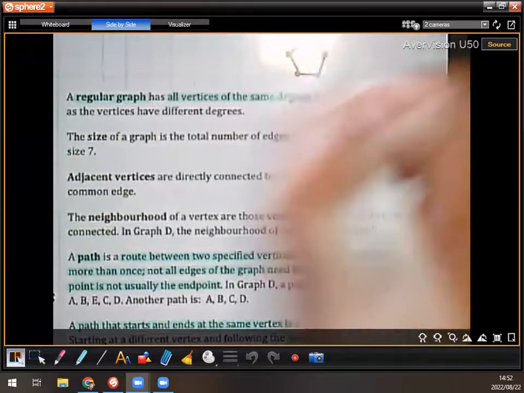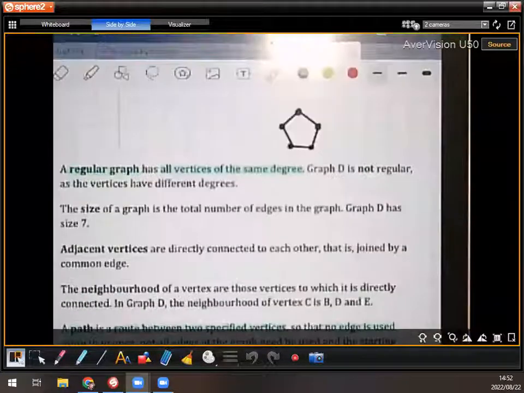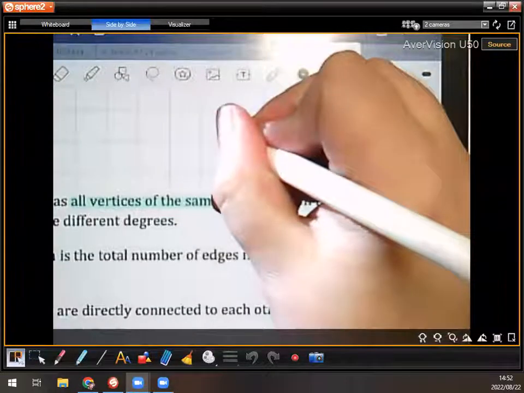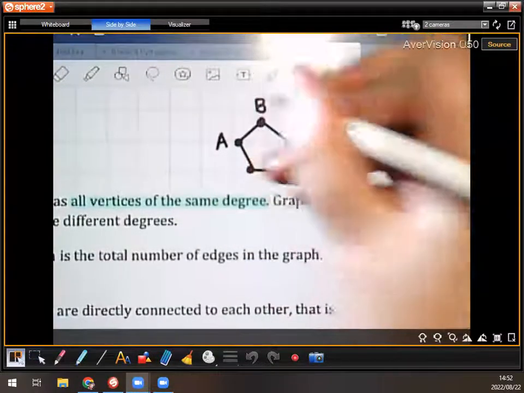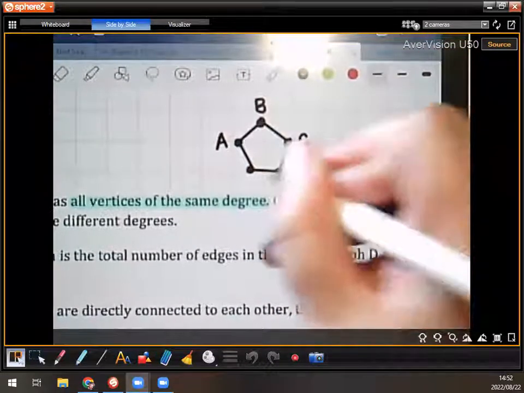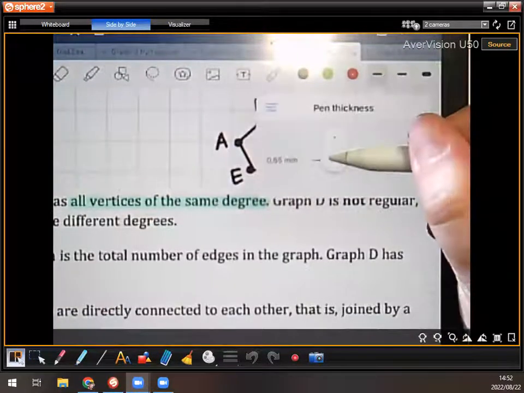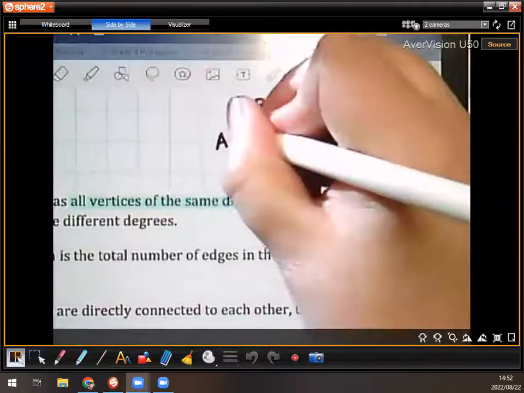It doesn't really matter. Oh, sorry, you can't even see that. My apologies. C, D, E. That's a straight line.